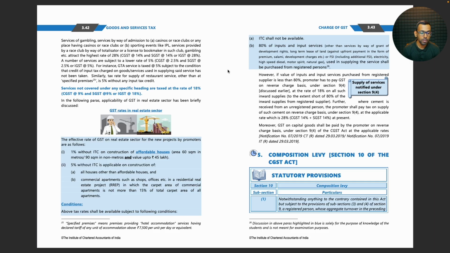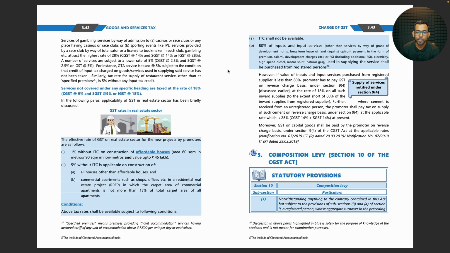Conditions: above tax rates shall be available subject to the following conditions. ITC shall not be available. 80% of inputs and input services other than services by way of grant of development rights, long-term lease of land against upfront payment in the form of premium, salami, development charges, or FSI, including additional FSI, electricity, high-speed diesel, motor spirit, and natural gas used in supplying the service shall be purchased from registered persons.